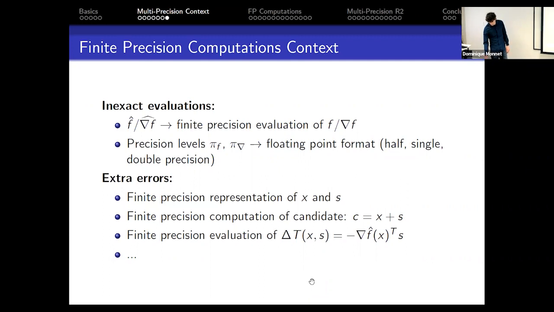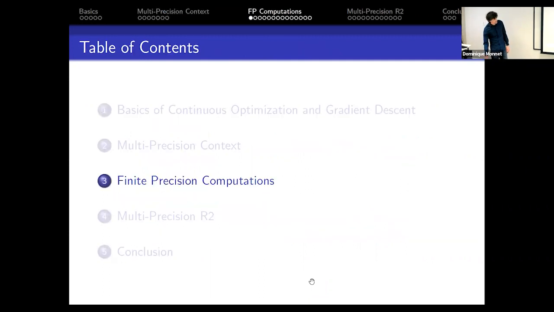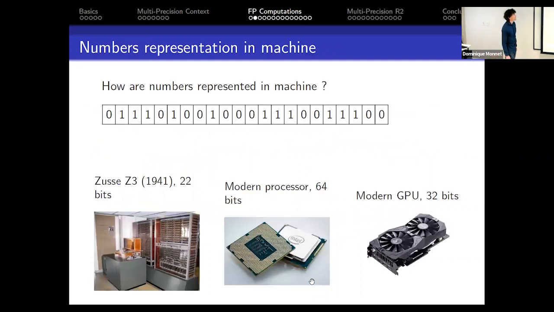Before seeing that, we have to dive into finite precision complications and how numbers are represented in machines. You're probably familiar with the bit representation of numbers in machines. All machines represent a number with a sequence of bits. Here are some examples.